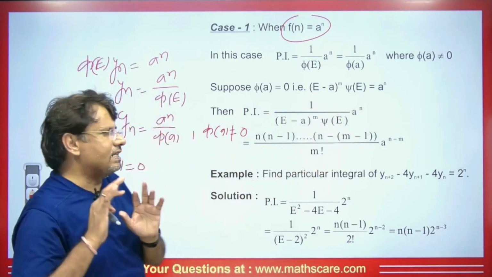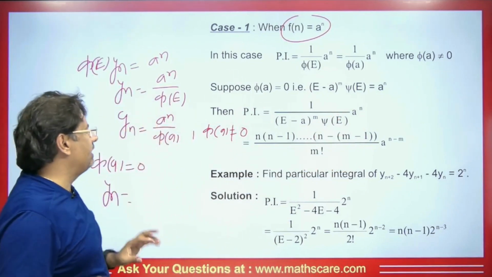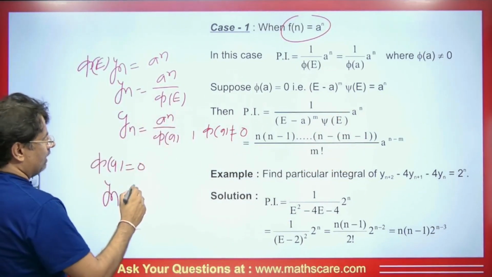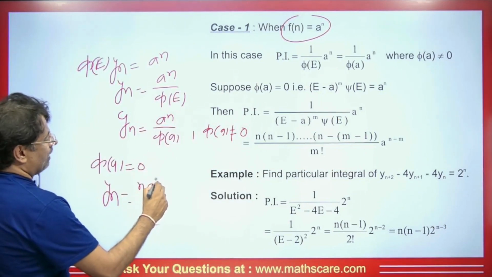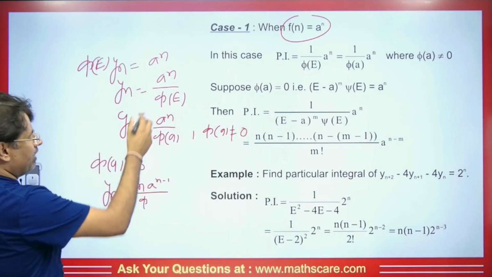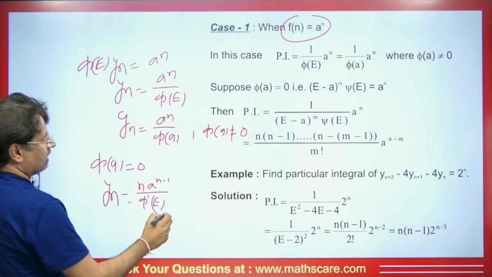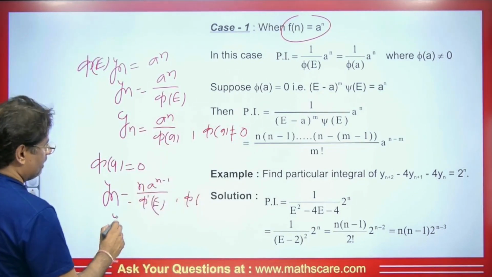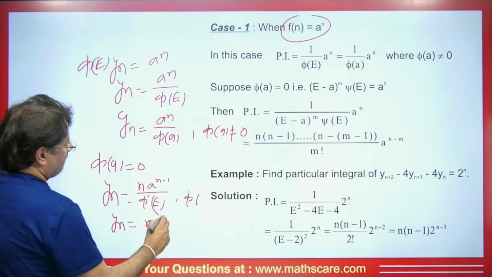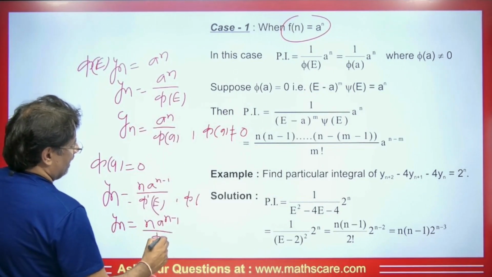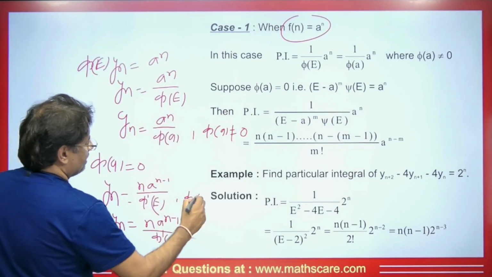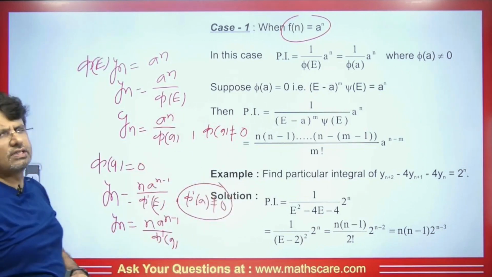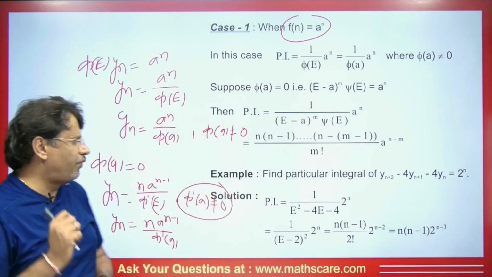You can easily remember this formula by this trick. If we get 0 once, then n will come forward and this will be a power n minus 1, and we will put phi dash E here. So y_n is n a^(n-1) upon phi dash(a). Again, the value of phi dash(a) should not be 0. We will keep doing this process until we get something which is not 0.